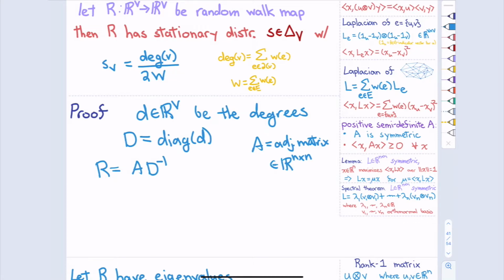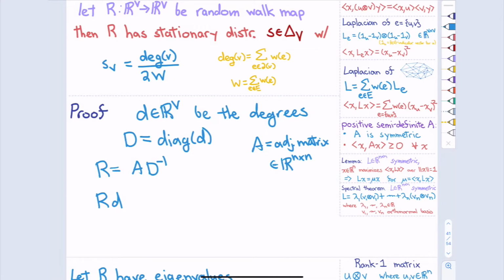So to test if something proportional to D is a stationary distribution, I just need to check to see if D is an eigenvector of eigenvalue 1.